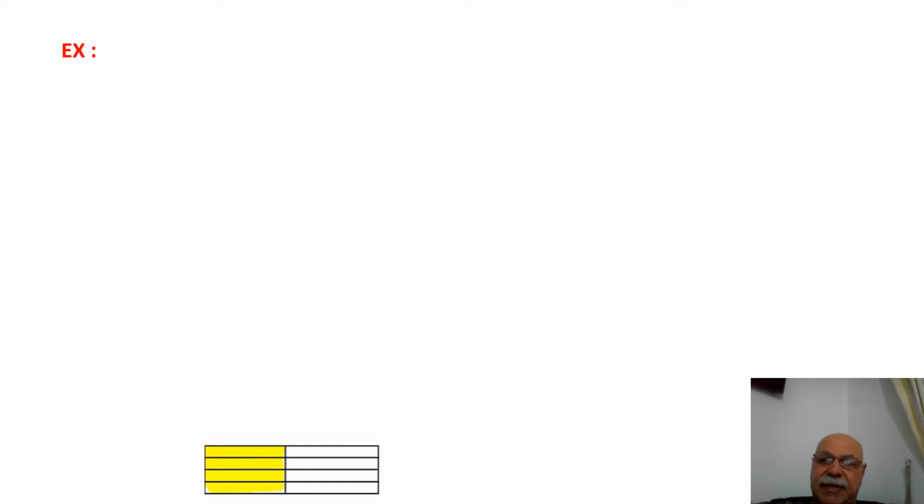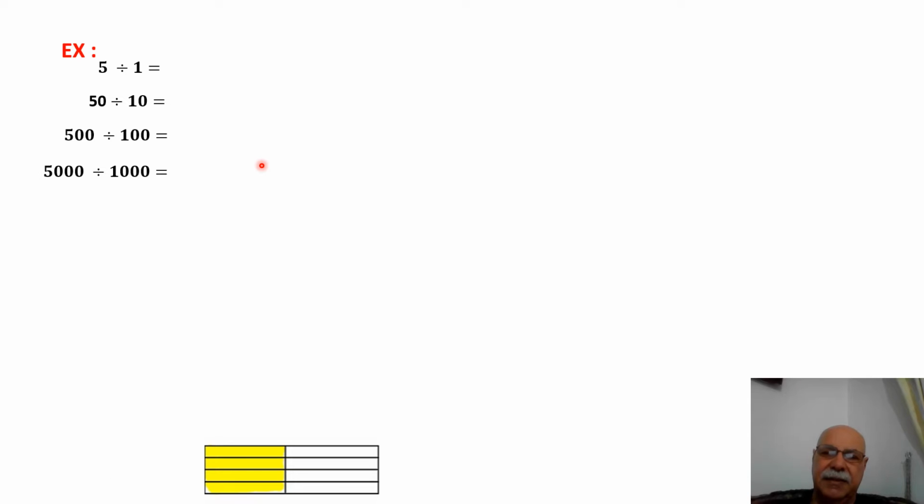Here we have an example of how to solve equivalent fractions. We have 5 divided by 1, 50 divided by 10, 500 divided by 100, 5,000 divided by 1,000.